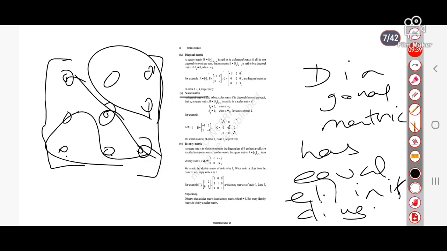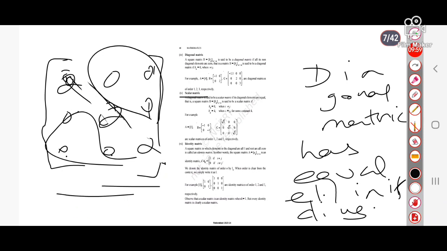Whatever the numbers may be, if they are present like this, then they are diagonal elements. When these diagonal elements constitute the same number, say for example 2 alone, or 1, whatever it may be, 2, 2, 2, then this matrix is called a scalar matrix.